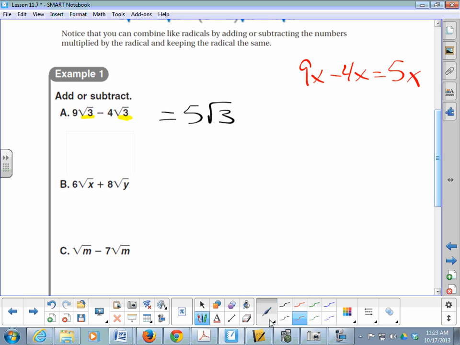So if I take my highlighter out, I highlight this one yellow, and so any other ones that are yellow must be the square root of x, right? Oh, that's square root of y, so that's got to be green. Can I put yellow and green together? No. Can you add apples and oranges? If you want mixed fruit, you can, but we don't want mixed fruit. We want just apples or just oranges. So this is the answer. It cannot be simplified, so that would be my answer. The things under the radicals have to be the same.